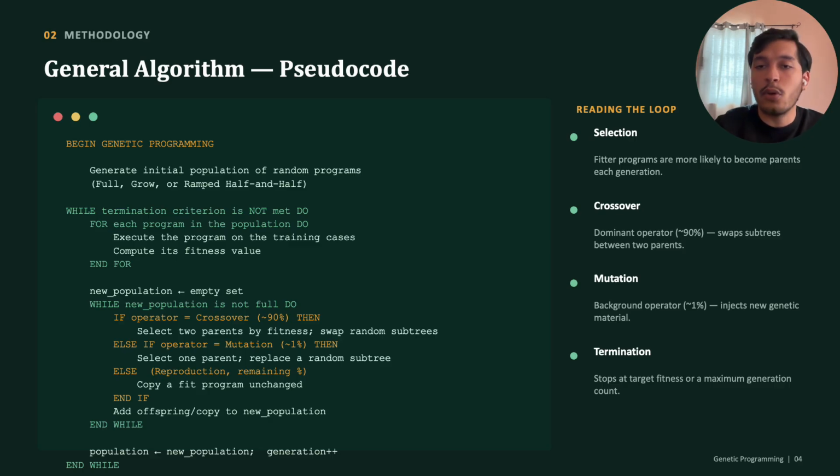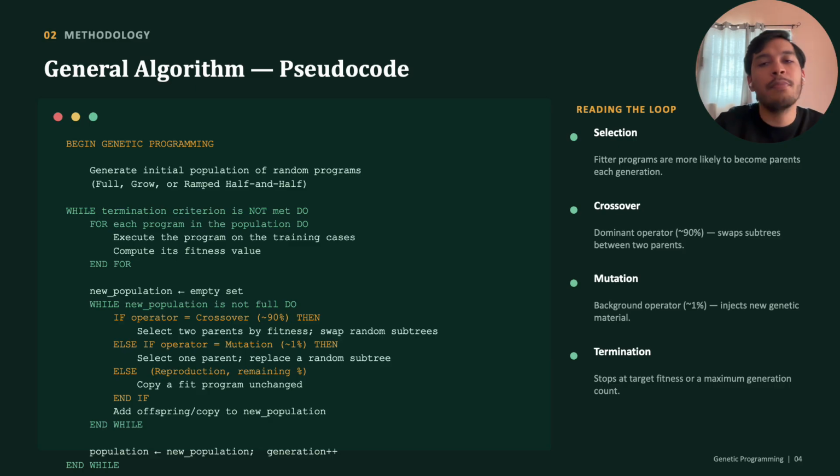Then we enter the main loop. First, every program in the population is executed against our training cases, and we compute its fitness, usually some measure of error between what the program outputs and what we wanted. Next comes the part that drives evolution.